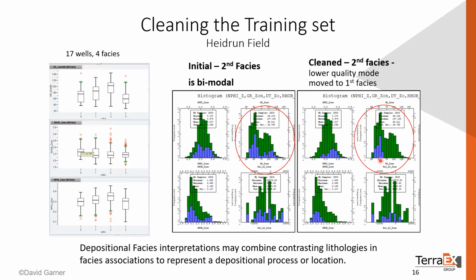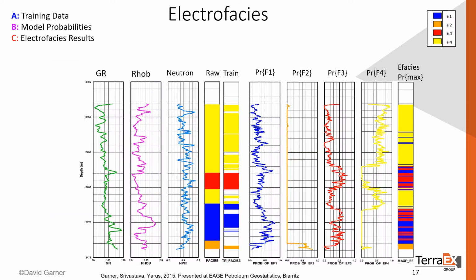The other option would be to drop that extra mode and let it reclassify naturally in the training process. And again, with this data set, I didn't have a geologist to discuss it with. Normally I would discuss this with the geologist, but my thought is that these were defined more as depositional facies, and so it had multiple lithologies within that facies class, and that's why it needed to be broken.